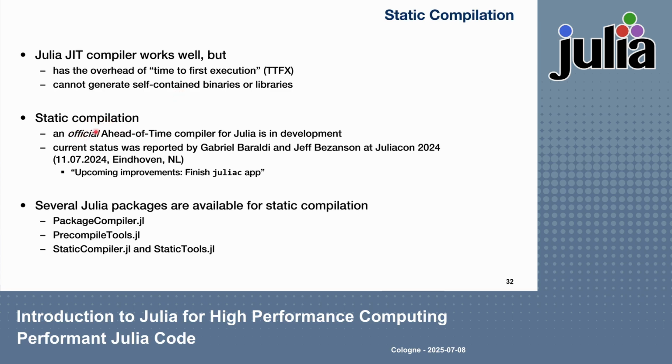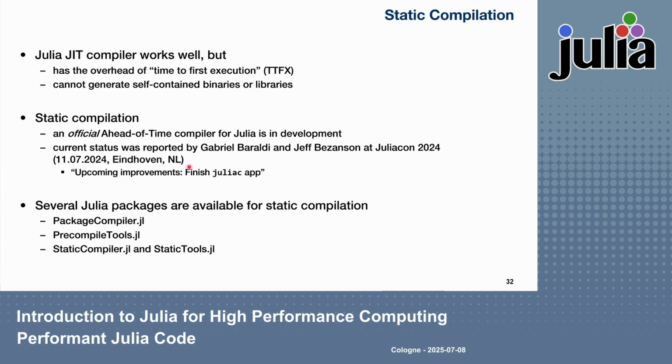And there is actually an official ahead-of-time compiler. Ahead-of-time compilation means the normal workflow, like GCC followed by C source code, and then you have your binary code. This is in active development, and as far as we know, it was announced last year in the Netherlands.